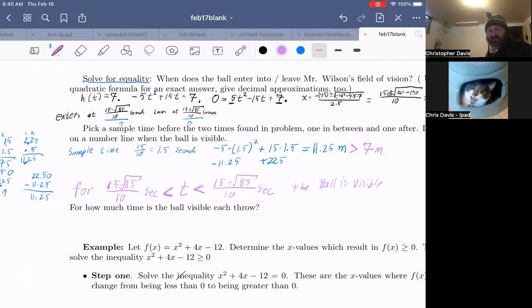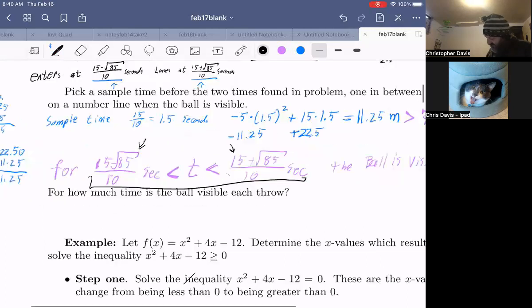All right, so how long is this ball visible for each throw? Well, we can compute that. That'll be how long is this time interval? Well, it'll be that time minus this time. All right, that's how you figure out how long something happens. You figure out when it ended, you figure out when it starts, and you take the difference. 15 plus root 85 over 10 minus 15 minus root 85 over 10.